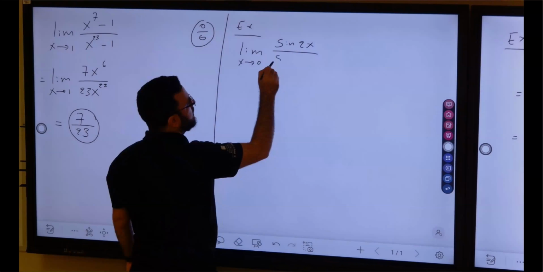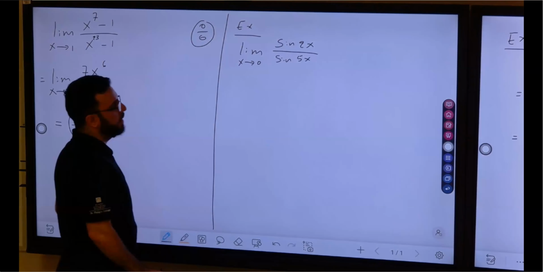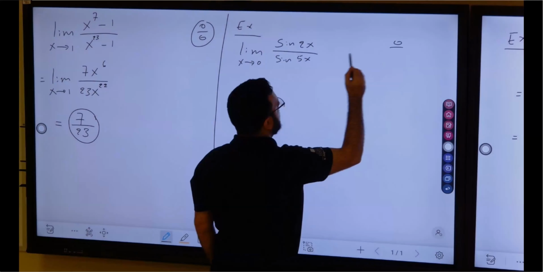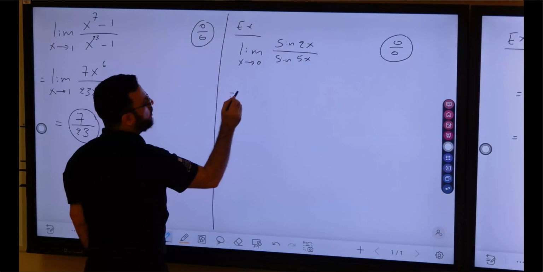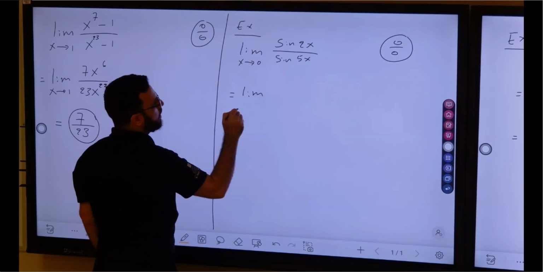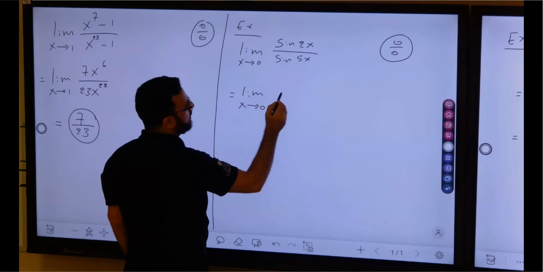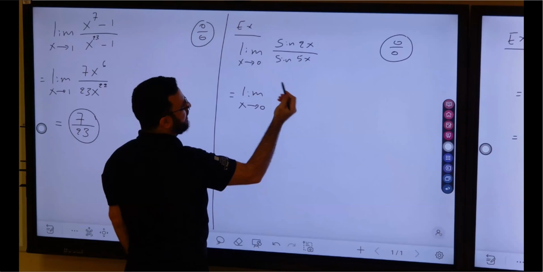Over sine, let's say 5x. Now, if you plug in 0, it's going to be 0 on the top and 0 on the bottom. That means I can use the rule. So this one is equal to the limit when x approaches 0. What's the derivative of sine 2x?